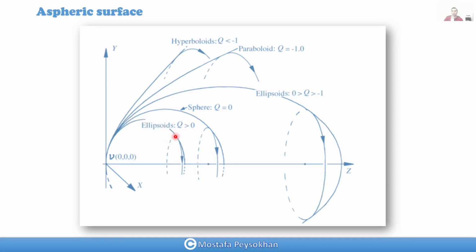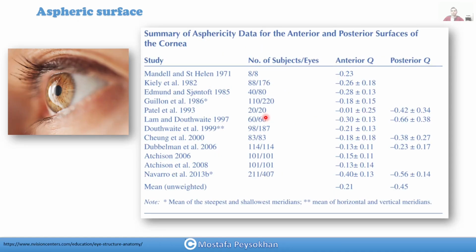When Q is more than 0, it's going to get smaller and smaller. When Q is between -1 and 0, again it's an ellipsoid but bigger. When Q is equal to -1, it's a paraboloid. And when Q is less than -1, we call it a hyperboloid. And for our eye, Q is in this range. So Q is between -1 and 0.